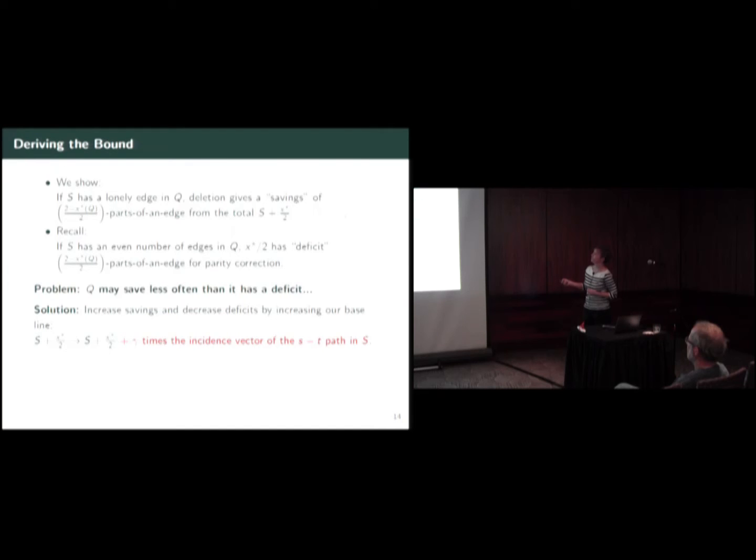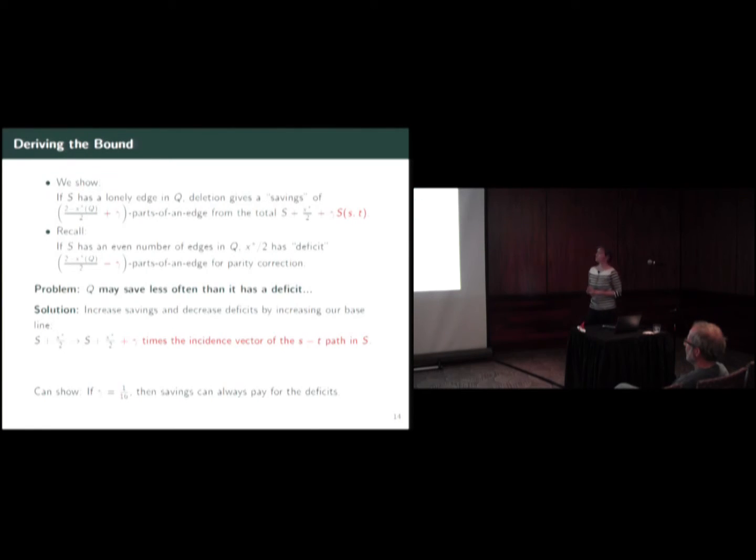So if we add something to x star over 2 for every ST cut, then our deficit goes down and actually also our savings go up. So we're going to add gamma times the incidence vector of the ST path in the tree. So that means that our deficit goes down by gamma, our savings go up by gamma, but of course the thing we're comparing to goes up by gamma times the ST path.